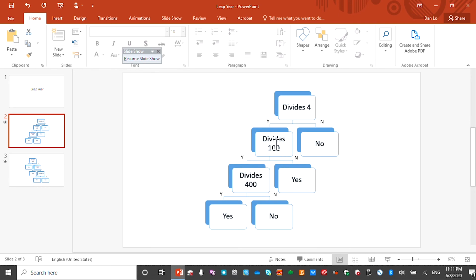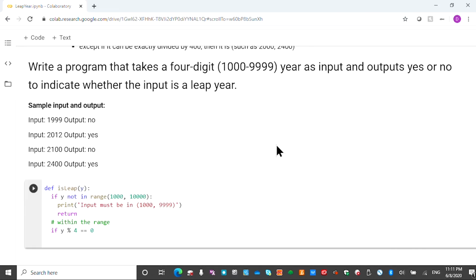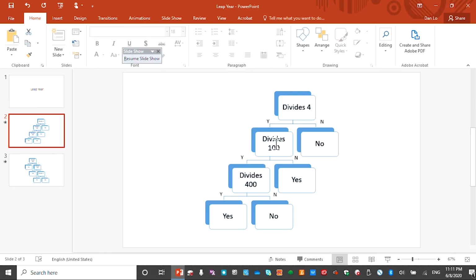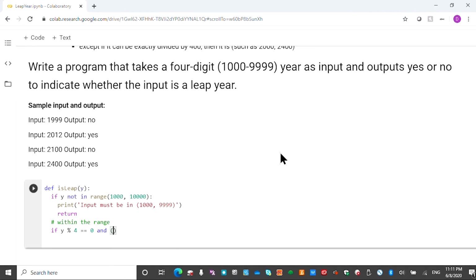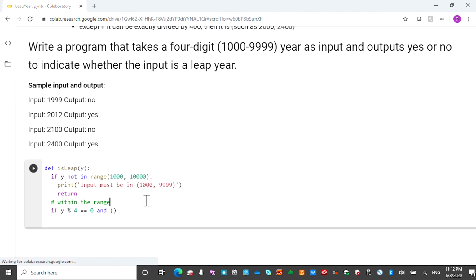Or it divided by 100 and divided by 400, yes or yes. So we have the first branch divided by 4 and not divided by 100, so it's y percent 100 not equal to 0.